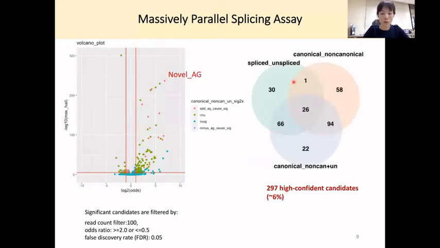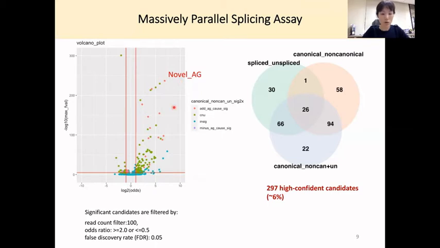And then we use statistical methods to calculate if a mutation affects splicing. And we found about 6% of mutations affect splicing. And most of them downregulate the canonical splicing, so they have negative effect on splicing. And we also noticed that among the strongest mutations, a lot of them are novel AG mutations.